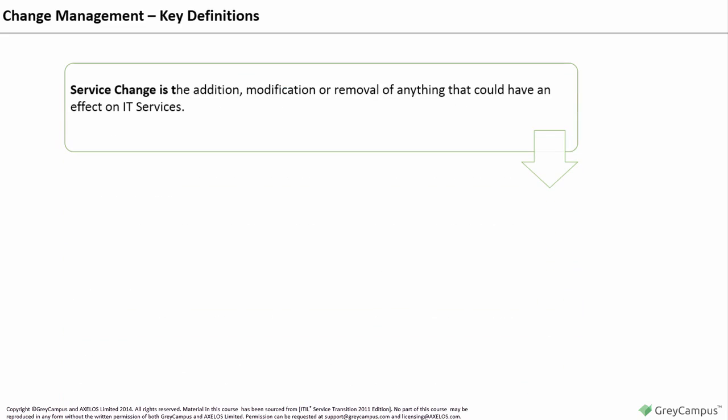Change management, key definitions. Service change is the addition, modification, or removal of anything that could have an effect on IT services. The scope should include all IT services, configuration items, processes and documentation, and so on. A service change is a change to an existing service or the introduction of a new service.